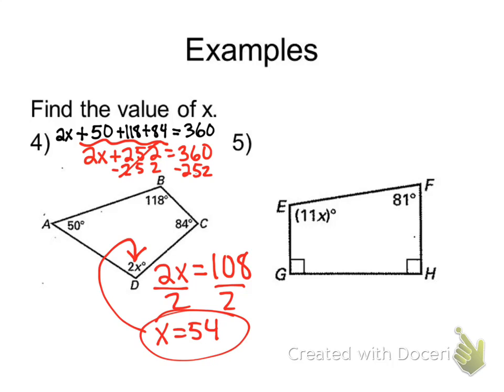Now, number 5 is a little different. What do these boxes mean? 90. So, I need to start with the 11x and the 81, and then I'll have two 90s. And all of those should equal, what do they always equal? 360. Good.